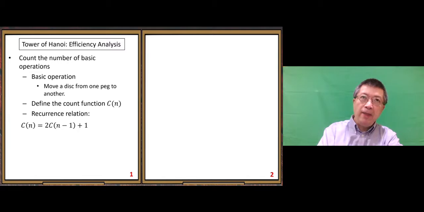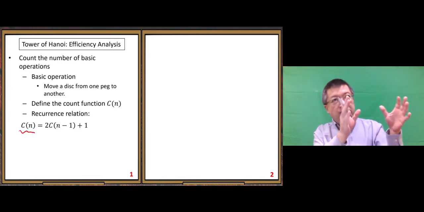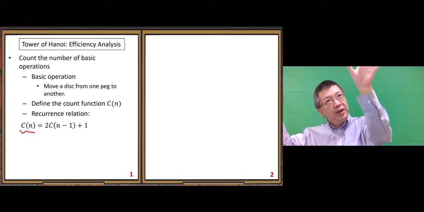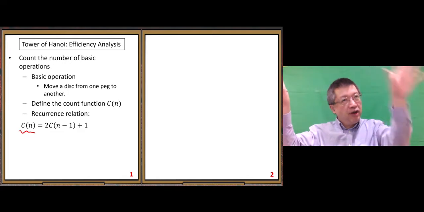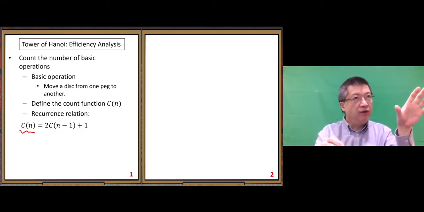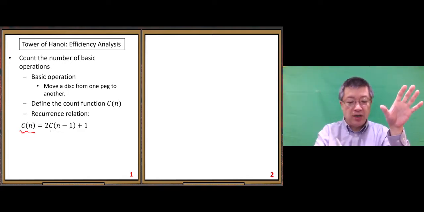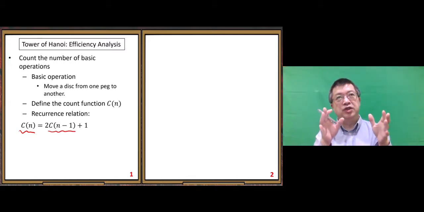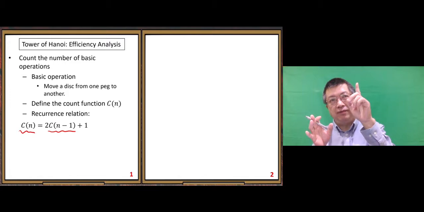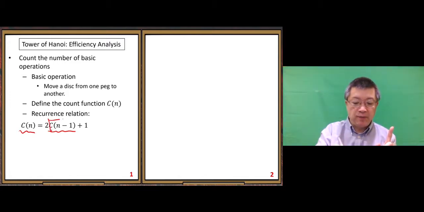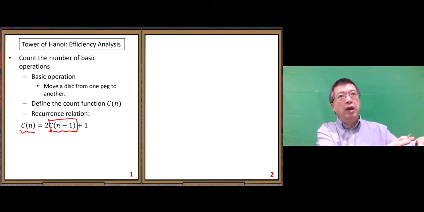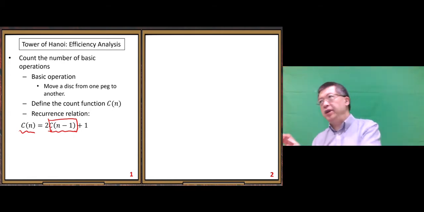C of n, the number of moves we need to solve size n problem, we need to split into three parts. The first part, we need to solve a problem with smaller size. We spend this many moves, C of n minus 1, the first time. After that, we need to move the bottom disk from one peg to another one.